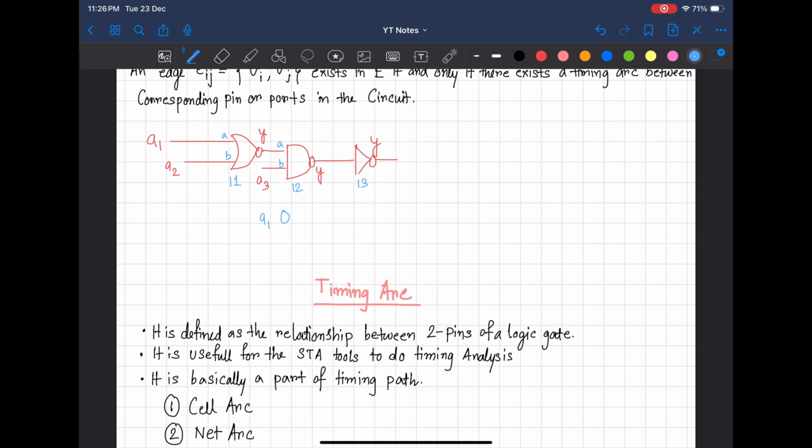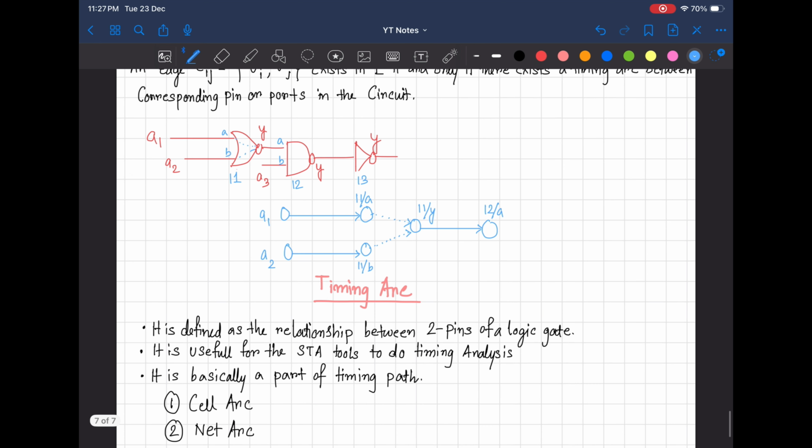Then represent this as I1 of A, and this is I1 of B. There is I1 of Y. These are dots because they are between the cells. These arcs are between the cells. So this is the cell arc and this is the net arc. Red one is a net arc and blue one is a cell arc.